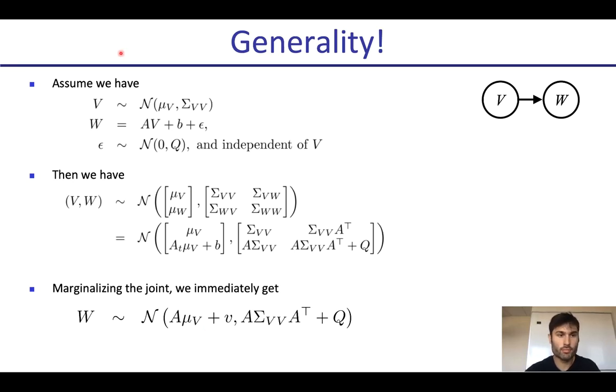So if a Gaussian variable v follows a certain Gaussian distribution, and another Gaussian variable w is related linearly to v plus some extra noise that is independent of v, then all that we have formulated and developed here just applies straightforwardly.